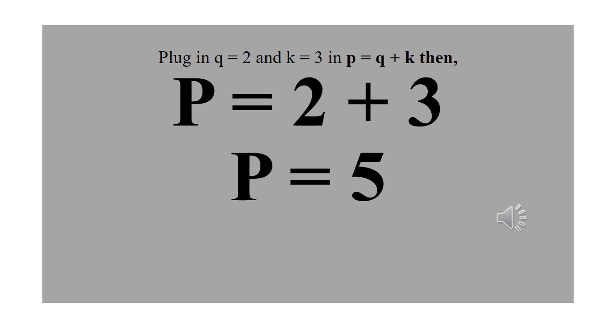So if you plug in q as 2 and k as 3 in p equals q plus k, then we have p equals 2 plus 3, and then it follows that p equals 5.